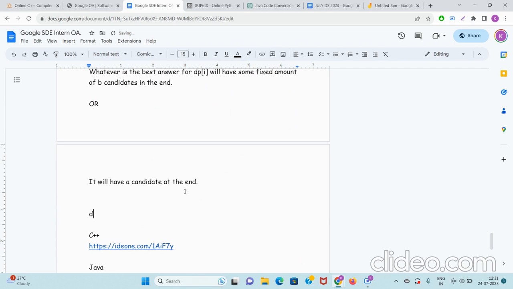DPI of A will be the best answer if the last element is put in A category.